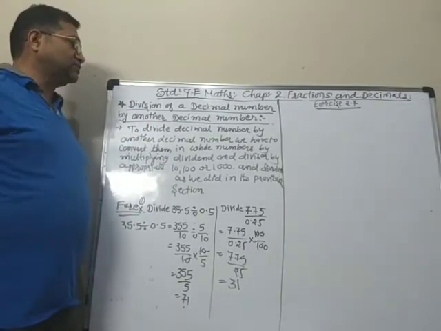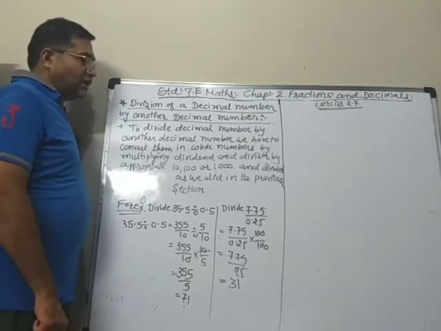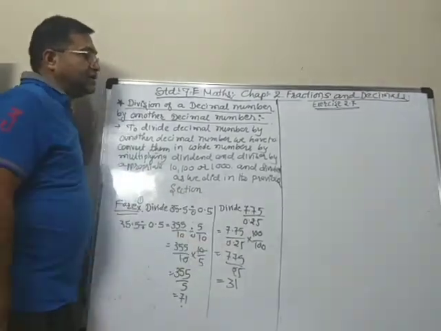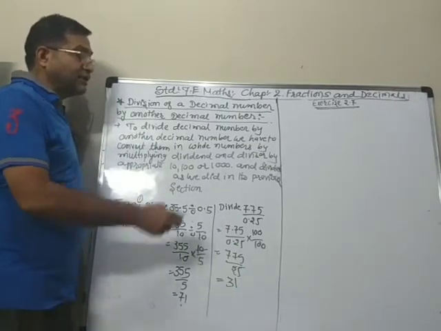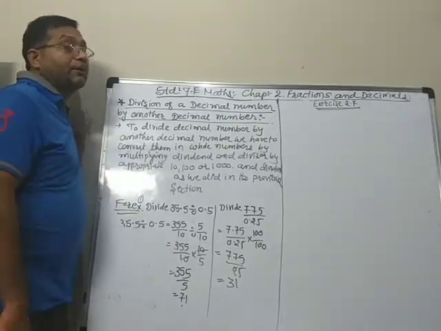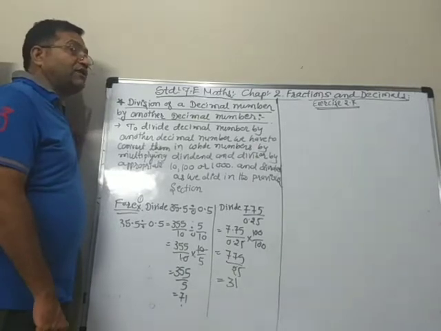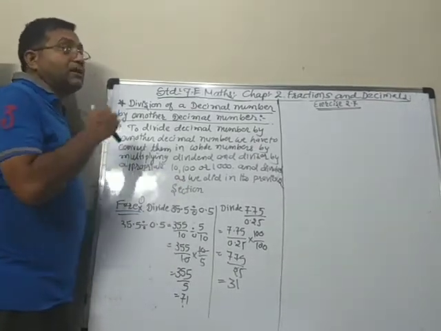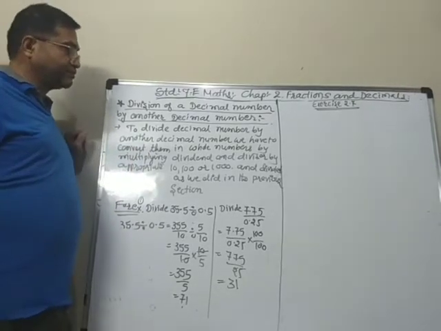To do that, first of all, we have to make the divisor into a whole number. For that we have to multiply either by 10 or 100 according to the decimal places in the divisor.